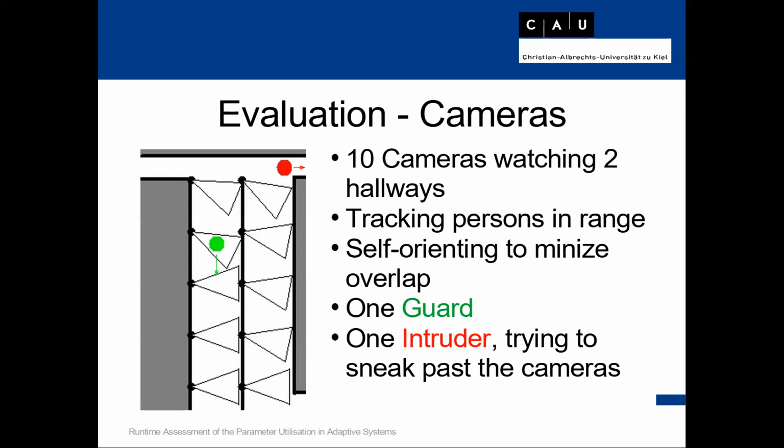These cameras are able to track persons which are in range, and they are communicating with each other to minimize the overlap of the monitored area, such as 2 cameras should not monitor the same area, but maximize the globally monitored area. The scenario has a guard and 1 intruder, and the intruder is trying to sneak past the cameras.